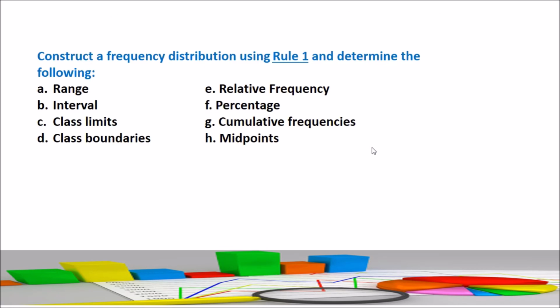Then we are asked to construct the following: range, interval, class limits, class boundaries, relative frequency, percentage, cumulative frequency, and midpoint. We will use rule number 1 for this, as we agreed, for us to have a uniform answer.